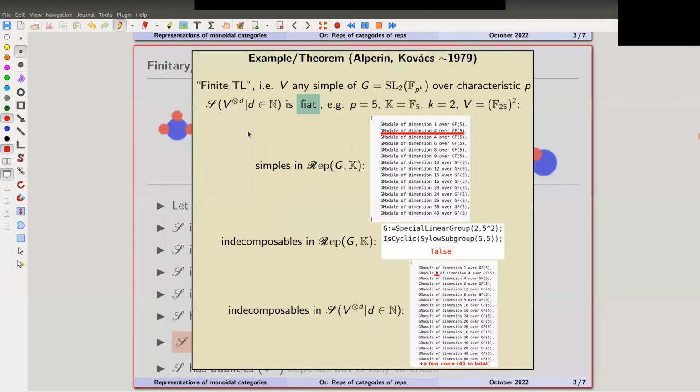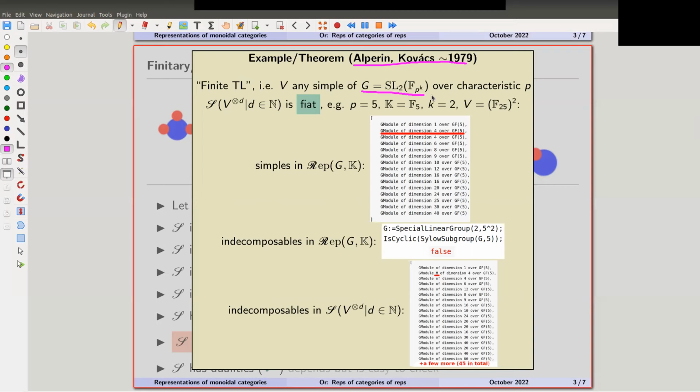So for example, you could take an old theorem due to Alperin basically, and then written up by Kovacs. You can take a finite group, SL2 over a finite field. My field here is F_{p^k}, for some characteristic.